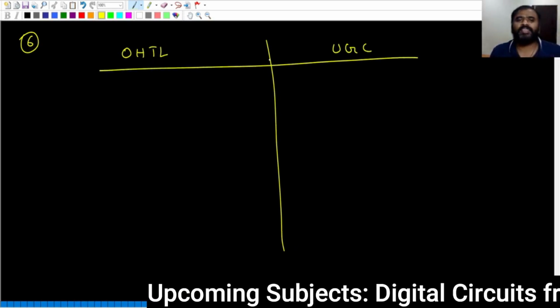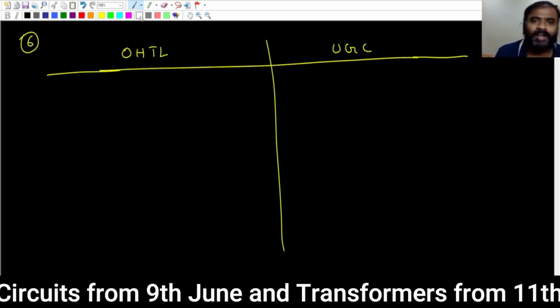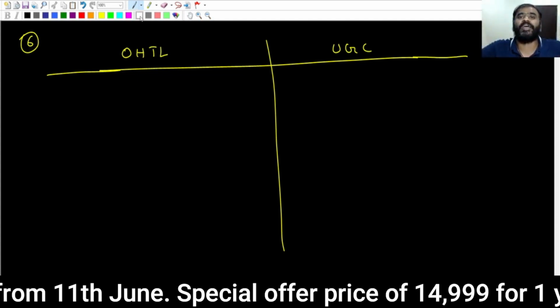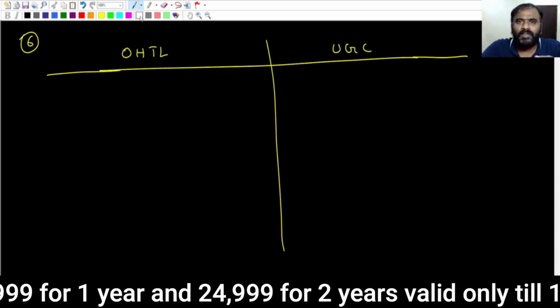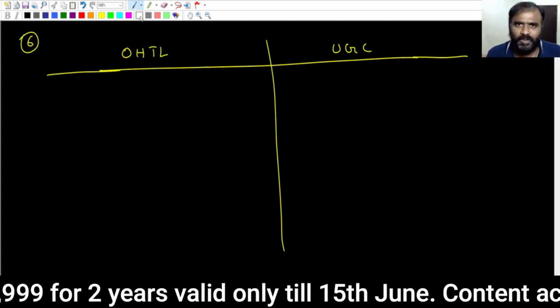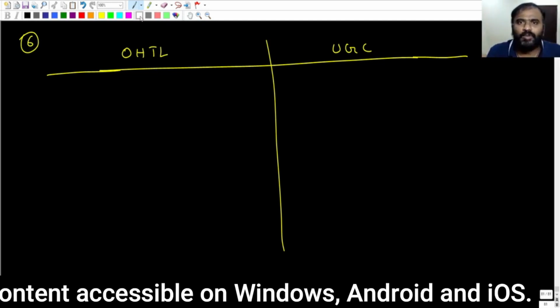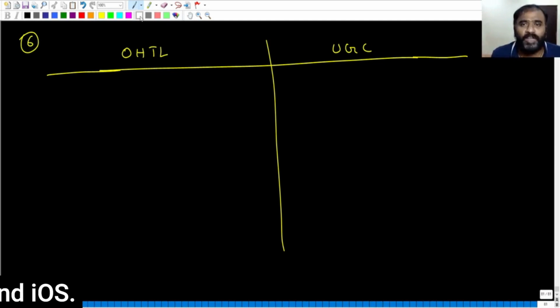In an overhead transmission line, the spacing between the conductors is very, very high. But in underground cables, all three cables are placed at the same location. We dig the ground at one point, and there we lay all three cables, R phase, Y phase and B phase. Spacing between them is very low.